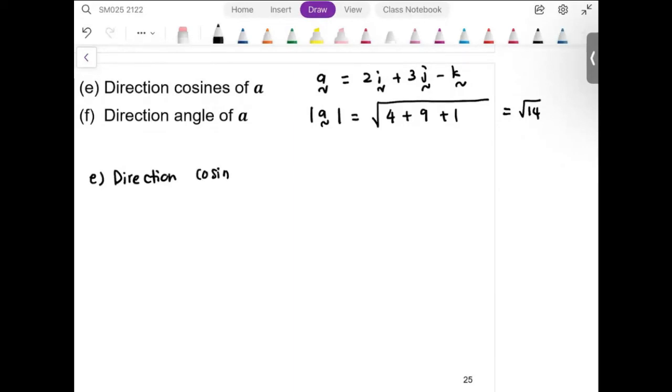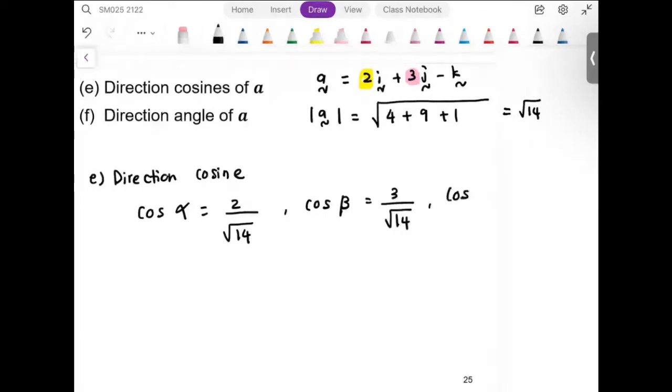Okay, so for direction cosine, remember, our answer must be in the form of cosine. 3 main element. So for cos alpha, choose element I. So we have 2 divided by its magnitude. So 2 over root 14. And then next one, cos beta, choose element J. So we have 3 over root 14.